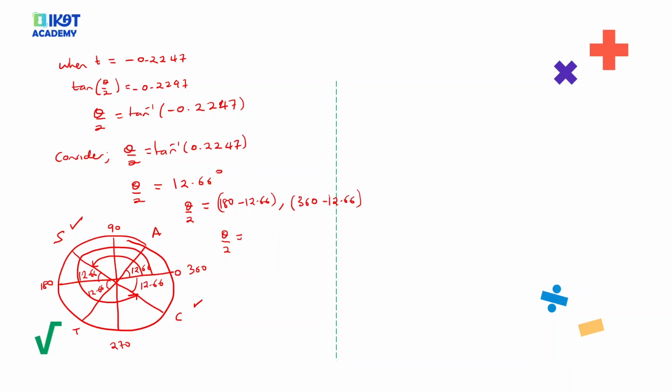So theta out of 2 is going to be 167.34 degrees, comma, 347.34 degrees. So theta is going to be 2 times 167.34, comma, 347.34 times 2. So what is theta?